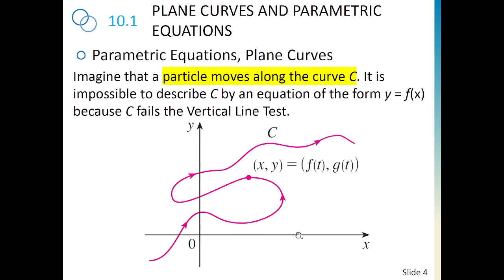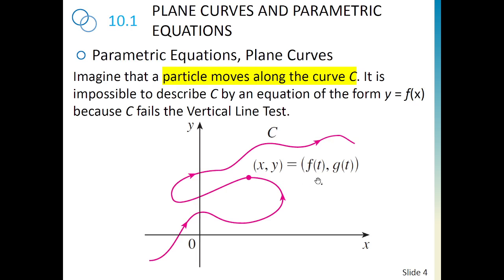We call it a plane curve because the plane xy is where this curve is living, and we can think of it as the path of a particle that is moving. You can have, let's say, a car moving on a road or a particle moving in a fluid somewhere or in the air, doesn't matter. It's essentially a particle moving along a path.